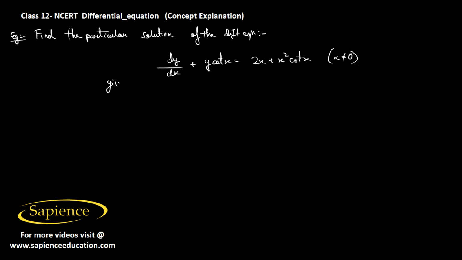And it is given that y equals 0 when x equals pi by 2.